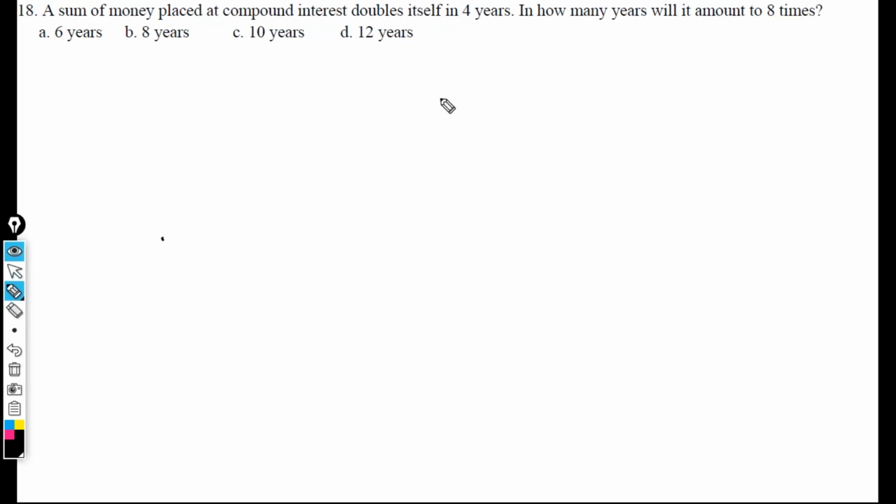Good, Rishabh, good. Good, Surikant. Good job, everyone. Rishabh, check your answer. Shubham, check your answer. Shubham and Rishabh, read the statement carefully.